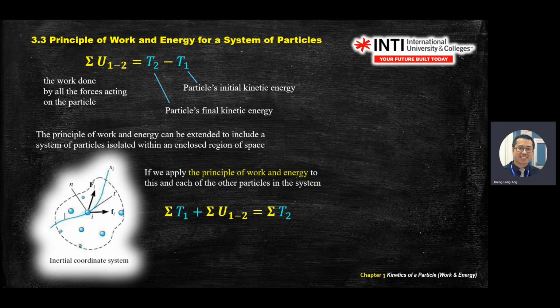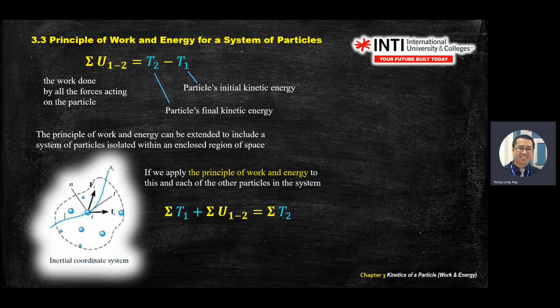Sometimes you can rewrite the equation to find the kinetic energy at the second location. You can rearrange: the kinetic energy initially plus the work done will equal the kinetic energy at the last location.